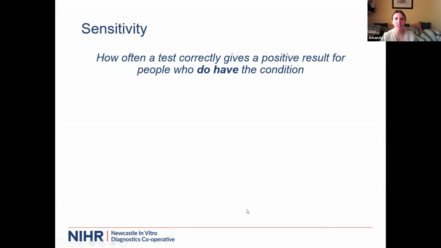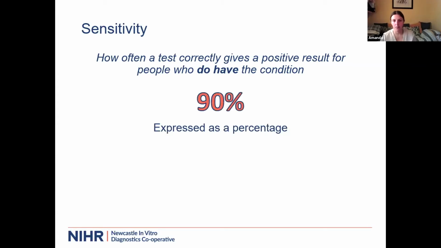So we can look at those in a little bit more detail. When we talk about sensitivity, we mean how often a test correctly gives a positive result for those who do have the condition. And they're expressed as percentages.